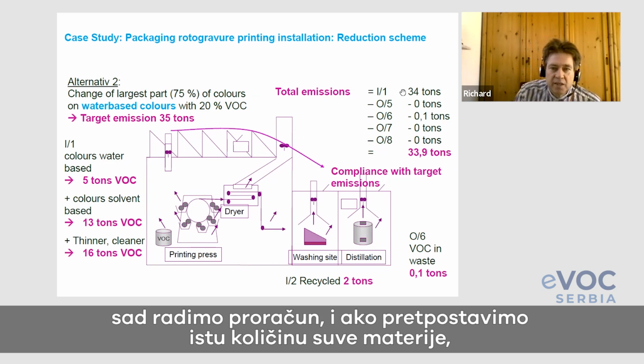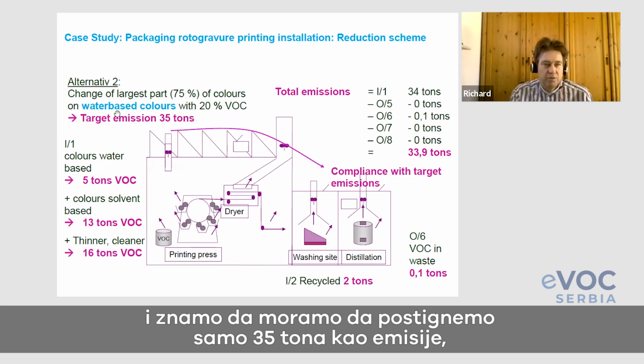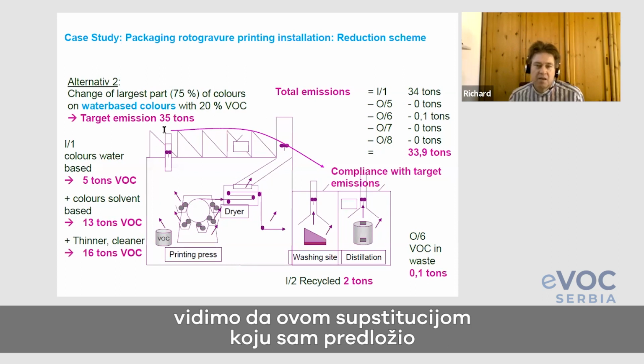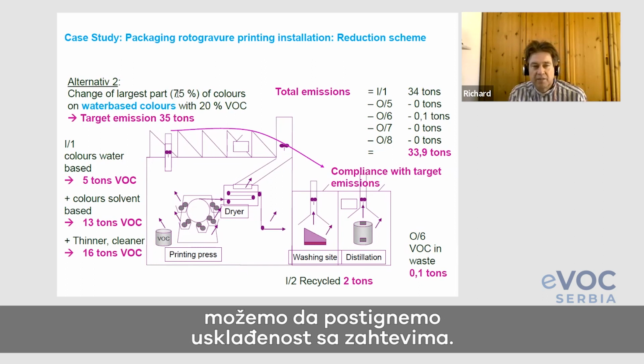And when we do the calculation, we must assume the same quantity of solid, that's important, so that we know we must have only 35 tons as a VOC emission. So we can see that by the substitution that I proposed here, we can achieve compliance.